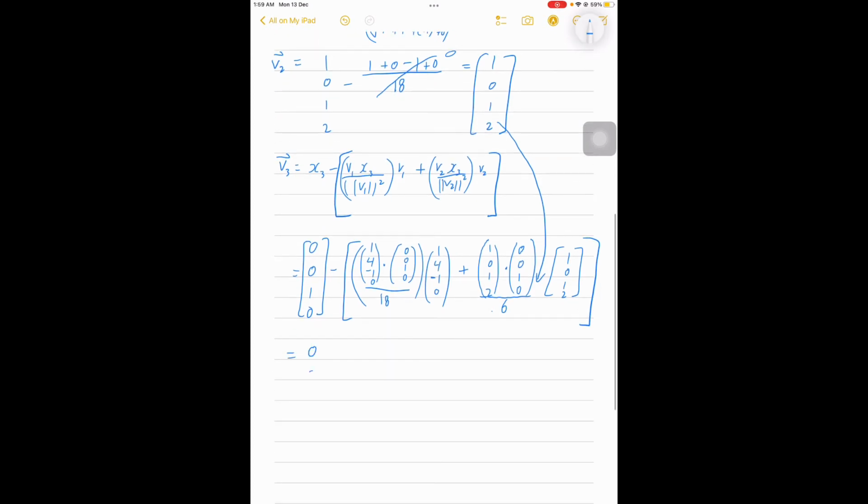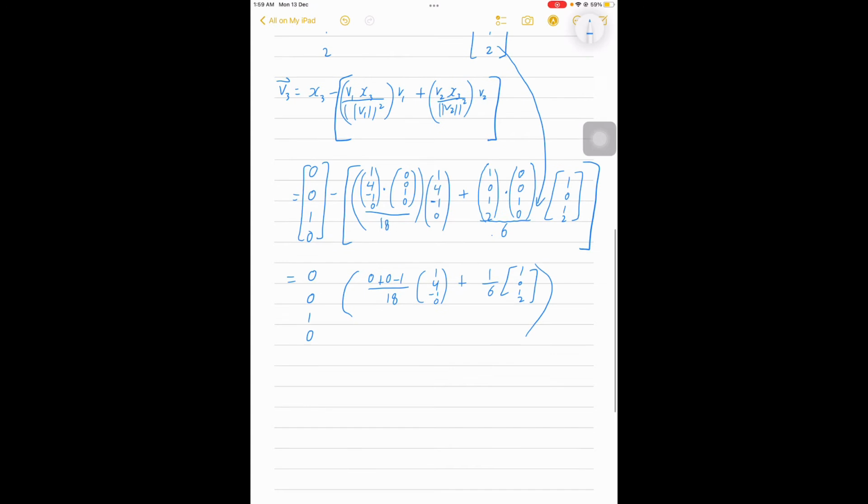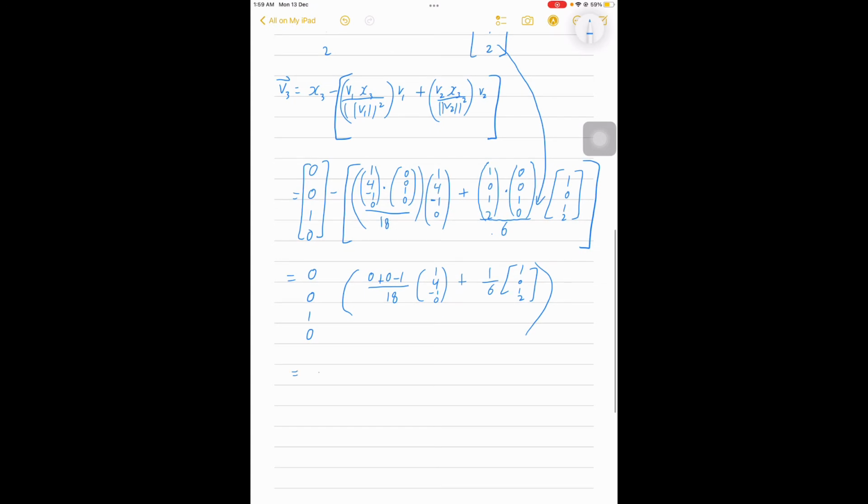This is 0, 0, 1, 0, and then 0 plus 0 minus 1 over 18, and here we have 1, 4, -1, 0 plus 1 over 6 times 1, 0, 1, 2. This is all equal to 0, 0, 1, 0.